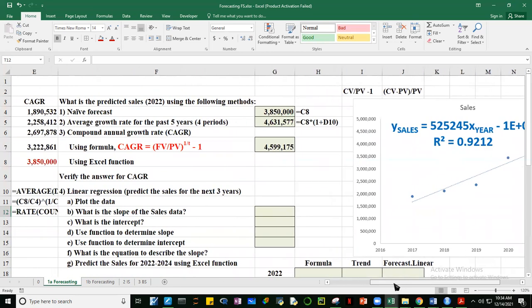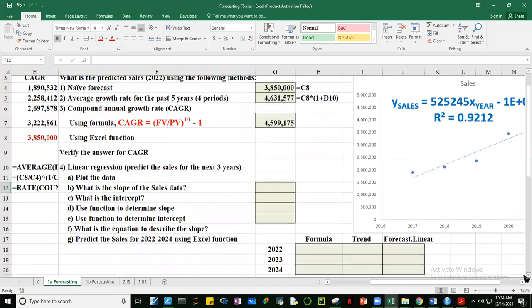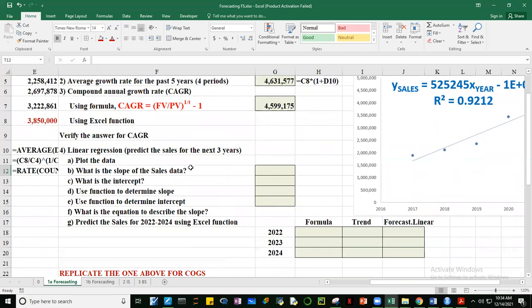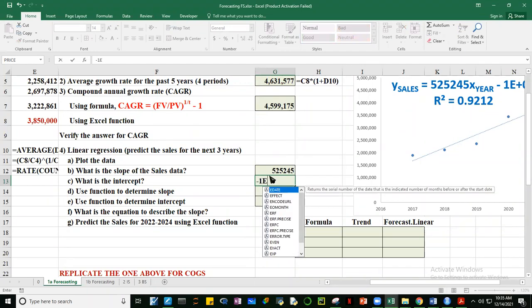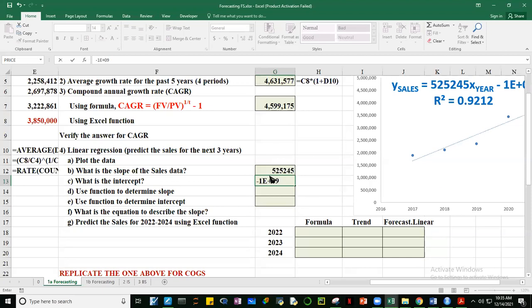Okay, so let's answer some questions here. Plot the data, okay na. So what is the slope of the line? So yan, 525,245. Yun ang slope ng line natin. Okay, what's the intercept? Hindi natin alam pero so far, -1E plus 0.9. Yun ang lumalabas.